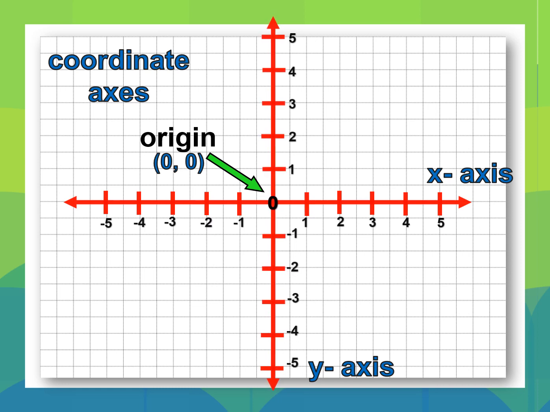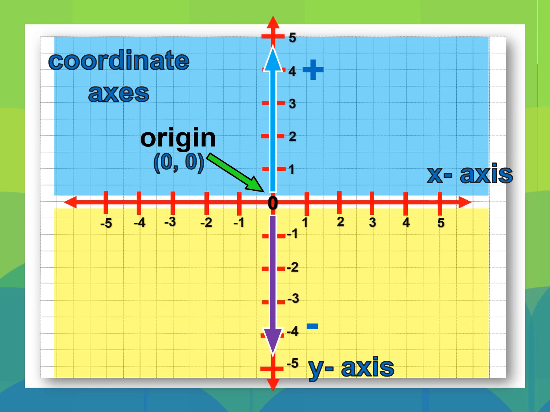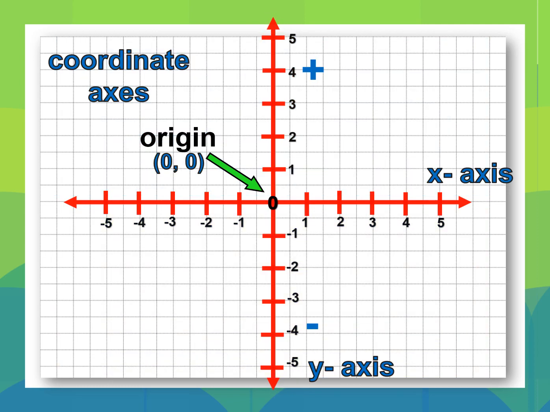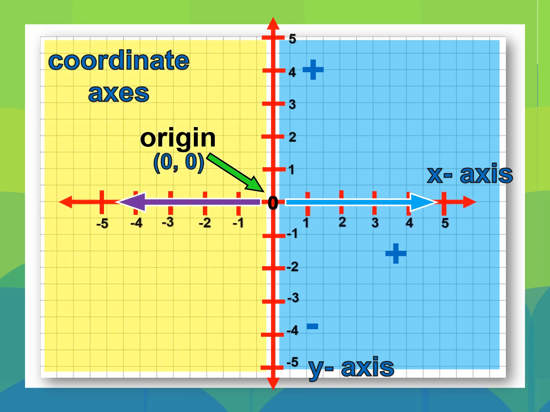Take note that the positive values on the y-axis are located above the x-axis, while the negative values are located below the x-axis. On the other hand, all positive values on the x-axis are to the right of the y-axis, while all the negative values are to the left.